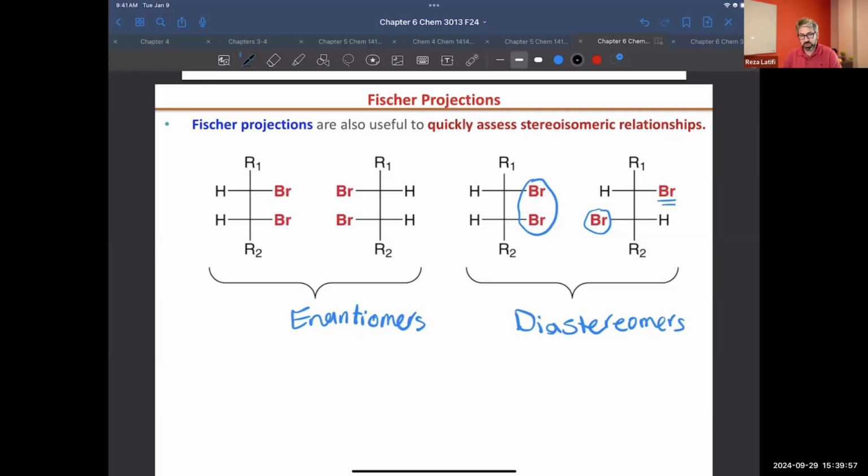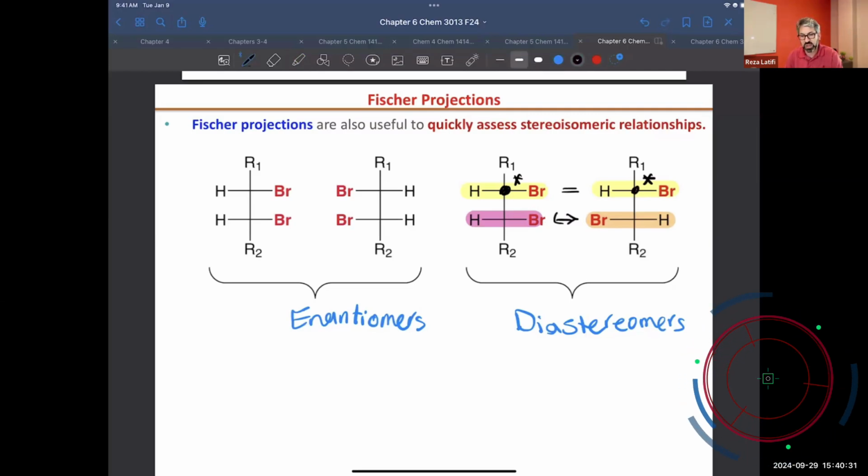But the only thing I can say is, because they kept one of them, let me highlight this, they kept this center the same, so that stereocenter is going to be the same, but the second one got flipped. So the configuration here got flipped, while there they are the same configuration. So those two are going to be diastereomers.